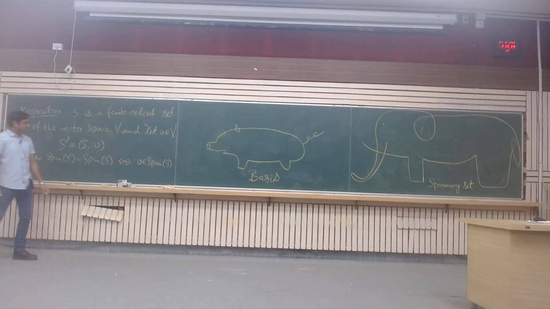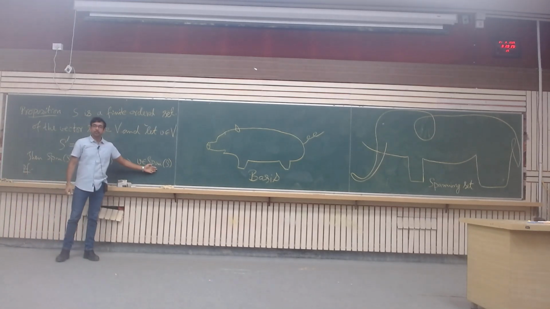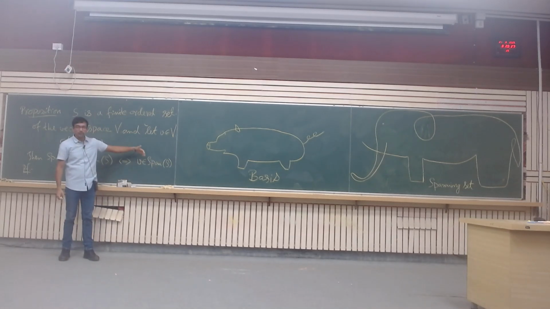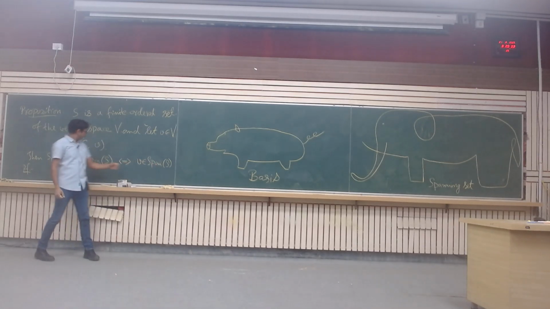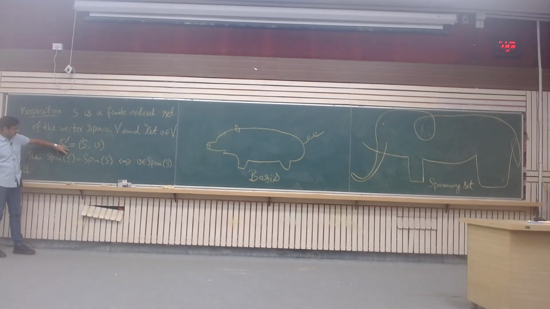Right, because V is in the span of S, V is a linear combination of the elements of S. Now, span of S dash means a linear combination of the elements in S dash. So it's a linear combination of the elements in S and V. But V itself is a linear combination of the elements in S. So therefore, every element here is a linear combination of the elements in S.